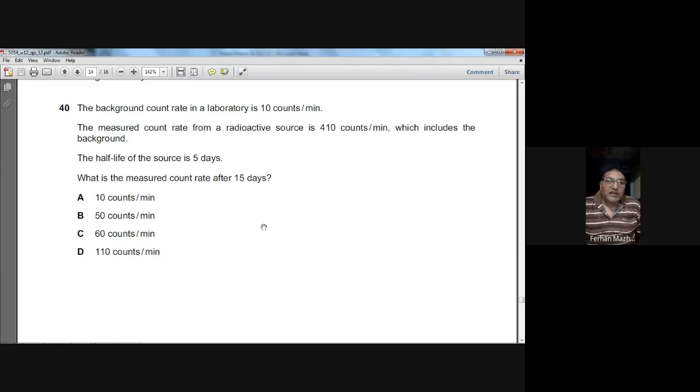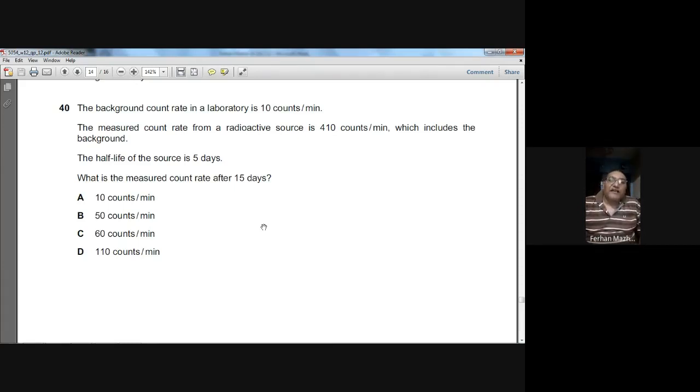What is the measured count rate after 15 days? First of all, take out the background. 410 minus 10 gives an actual count rate of 400 counts per minute for the source.